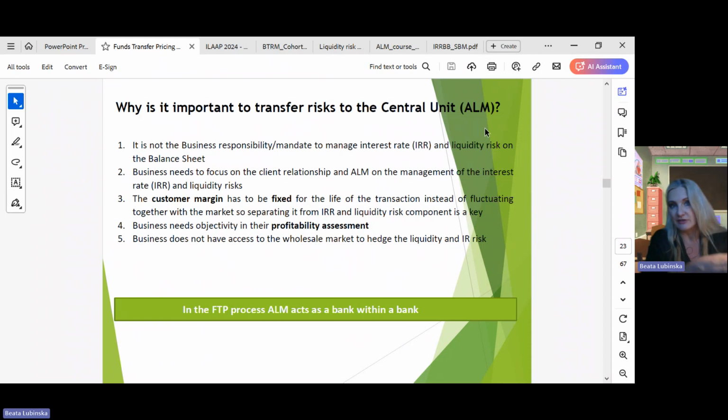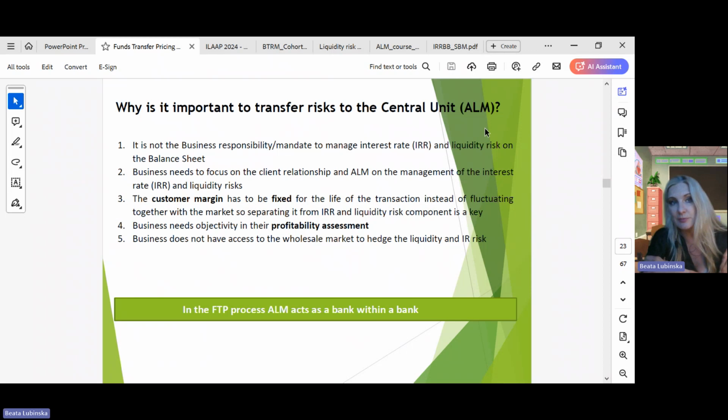So they are completely different mandates and responsibilities. Meanwhile, treasury are people who do not face the customer, and what they are supposed to do for the bank is to provide a proactive hedging strategy and a proactive funding strategy, so those risks are managed at the best level possible.